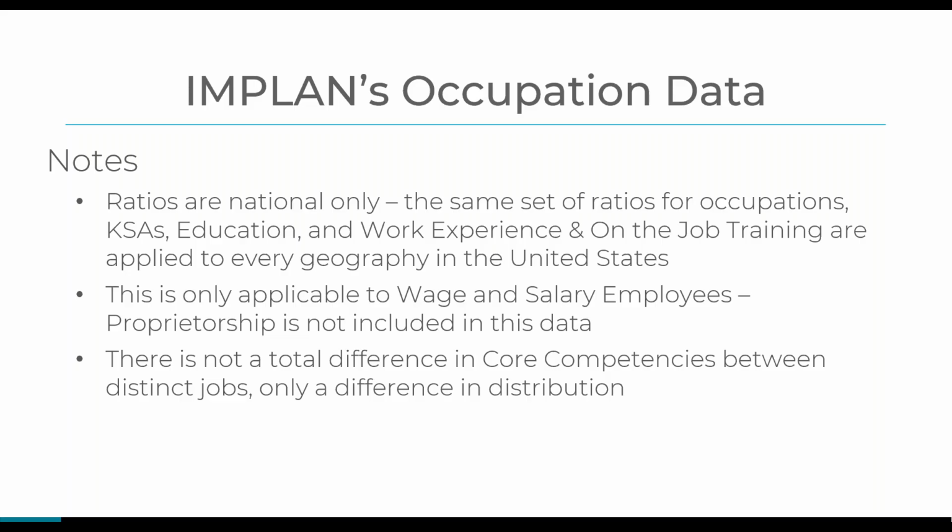On our summary screens, differences in the total amount of points allotted to each row and the sum of all points, those differences are only going to stem from differences in the total wage and salary employment amongst distinct regions.